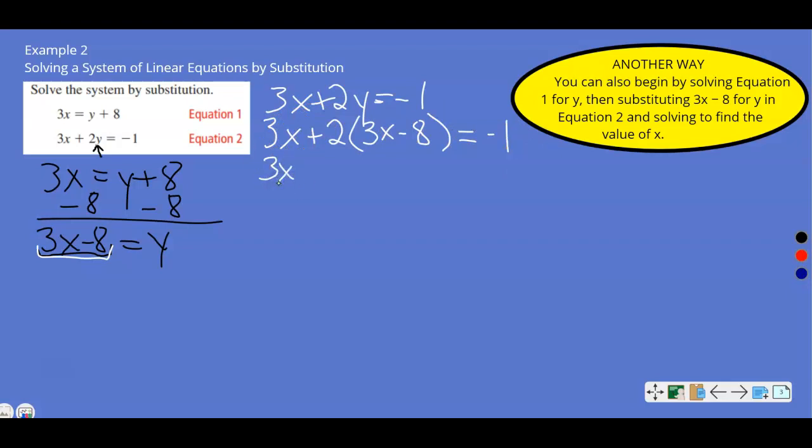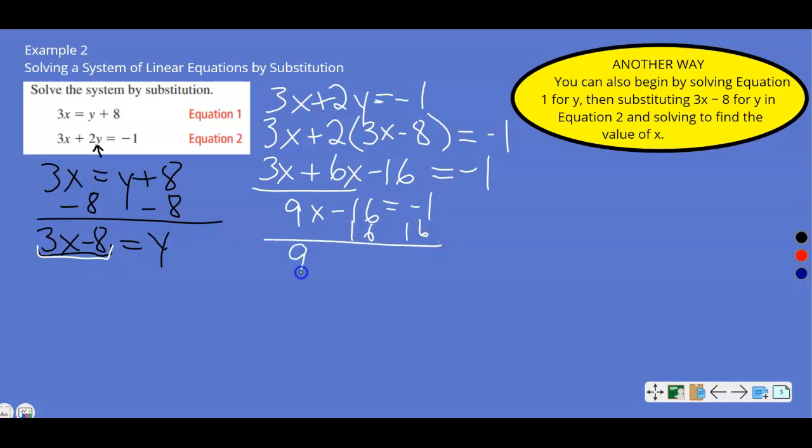So 3x, then we're going to distribute the 2. 2 times 3x is 6x. 2 times negative 8 is negative 16. And that equals negative 1. Again, we have like terms. 3x and 6x make 9x. Now we're going to add 16 to both sides and divide by 9.